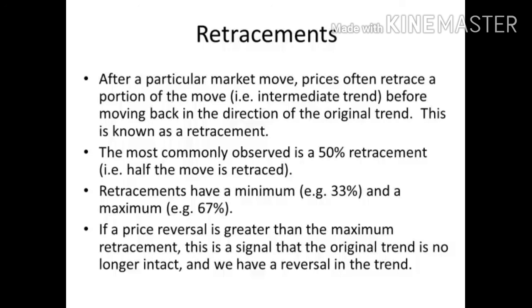So that will be a signal that what we had is not an intermediate correction, but actually a new trend, right? A new downward trend, for example, right? So in order to qualify for a correction, we'd need to have a minimum 33% retracement and not more than 67% retracement. If we have more than a retracement of 2/3, then we say this is actually a new trend rather than a correction in the existing trend.